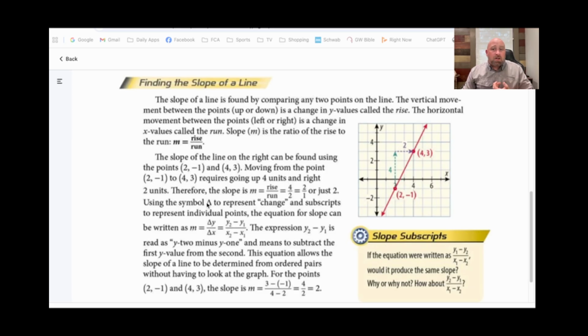The D is called delta, and this is what the delta looks like. The delta letter in the Greek alphabet looks like a triangle. The triangle means change in. So the symbol triangle represents the change of something. So we're going to say the change in y over the change in x.